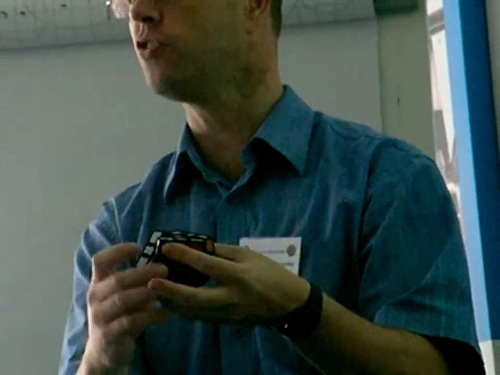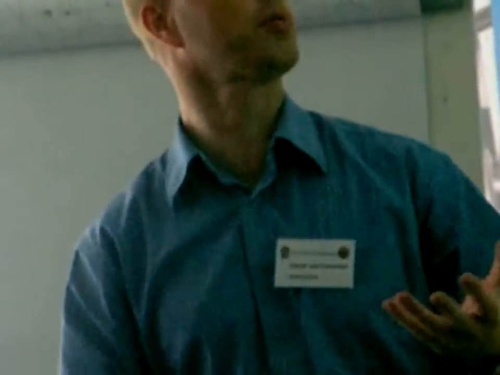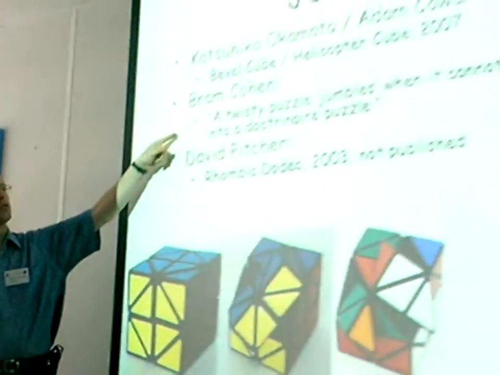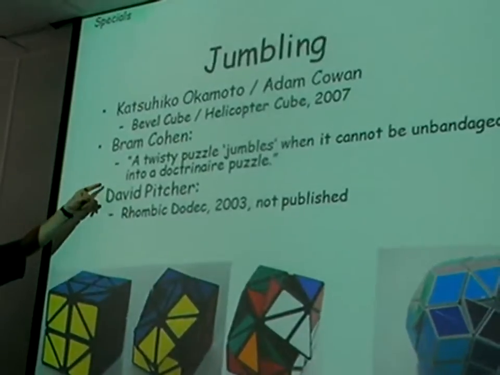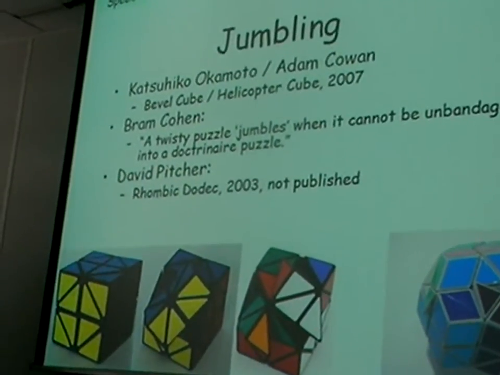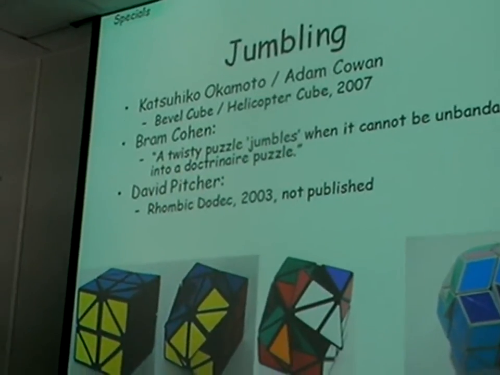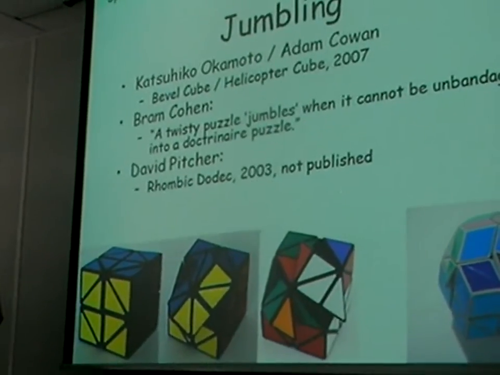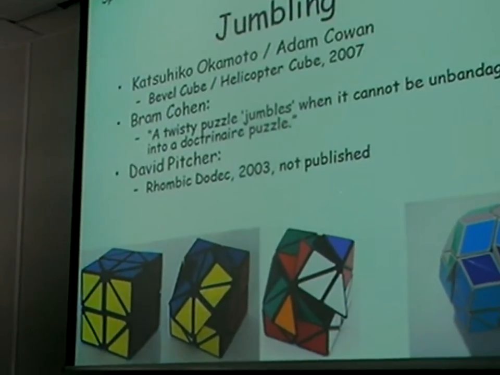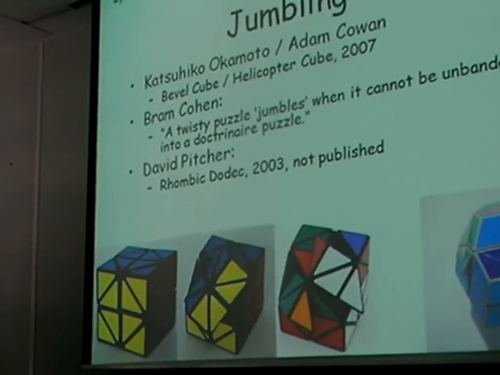However, if I unbandage it and I make other turns, then I get into the same problem. So Bram Cohen made the definition of puzzles with that property: a twisty puzzle jumbles when it cannot be unbandaged into a doctrinaire puzzle. And he says you turn it into dust if you keep trying. So if you just keep chopping to unbandage, you can go on and on.